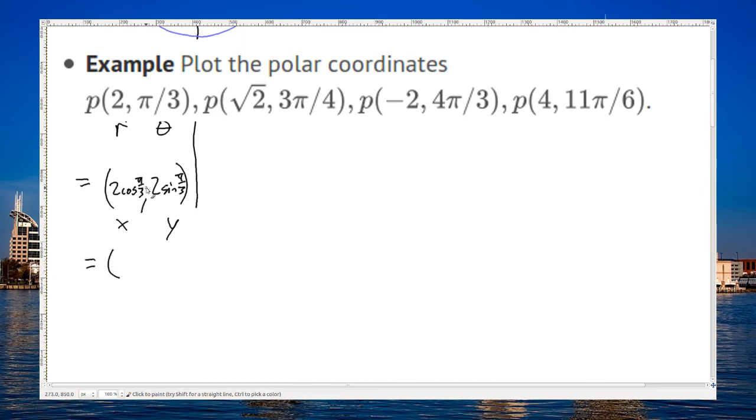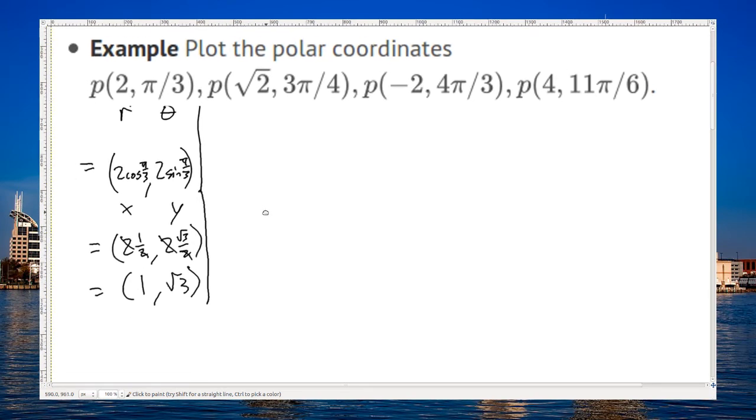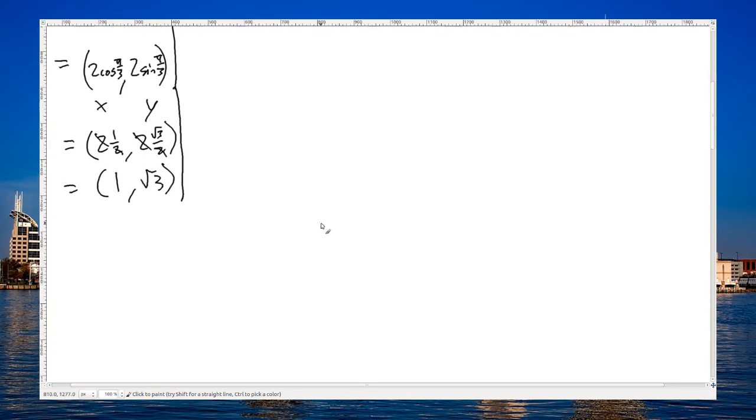And so cosine of pi over 3 is 1/2, so 2 times 1/2 is 1. And sine of pi over 3 is root 3 over 2, and so those cancel to get you root 3. Okay, so let's plot this. We're going to go out 1, and we'll go up root 3, and that's between 1 and 2 here. So that would be roughly this point right here.